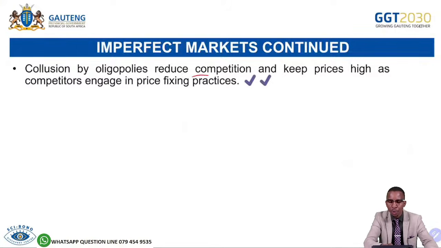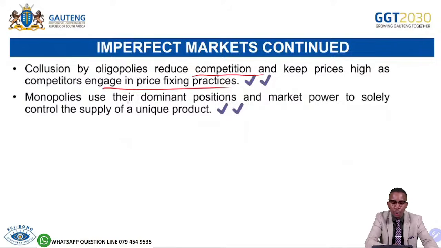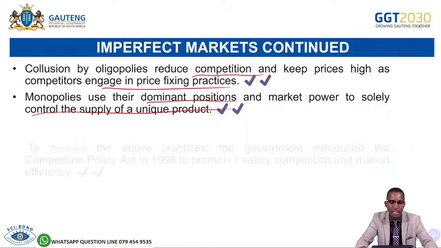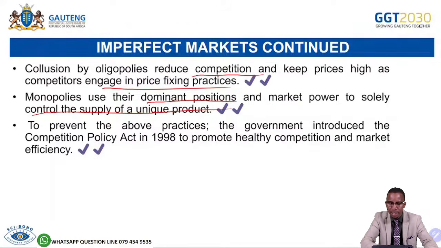Collusion by oligopolies reduces competition and keeps prices high as competitors engage in price fixing through cartels or price leadership. Monopolies use their dominant position and market power to solely control the supply of unique products, which can lead to even more inefficiencies. To prevent the above practices, the government introduced the Competition Act in 1998 to promote healthy competition between businesses and promote market efficiency.